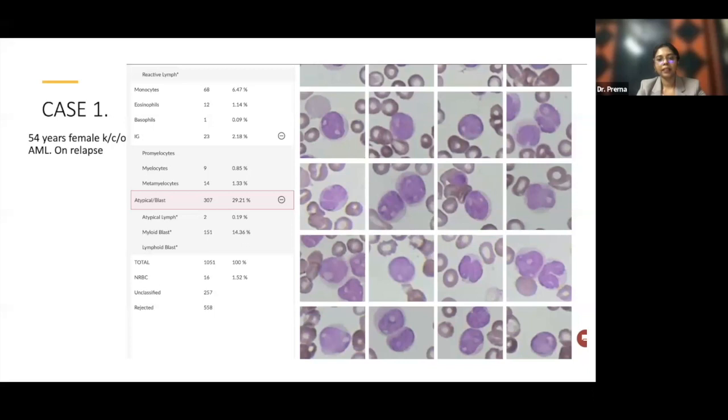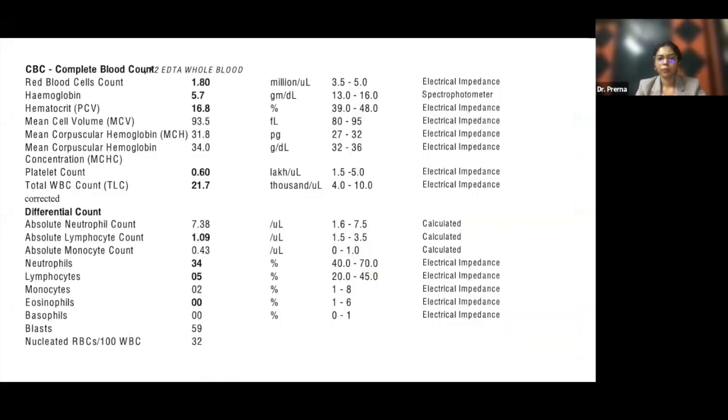We scanned the slide, and this view beautifully shows so many blasts in the peripheral smear, and even the machine counts the blast at 29%. We can see all these cells with high NC ratio, immature looking chromatin, prominent nucleoli as well. So it was quite concordant with what we saw in the peripheral smear.